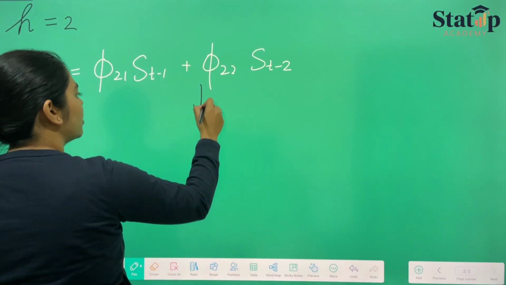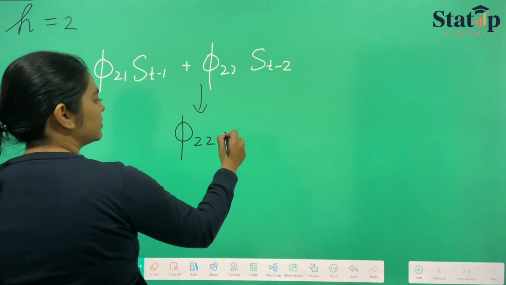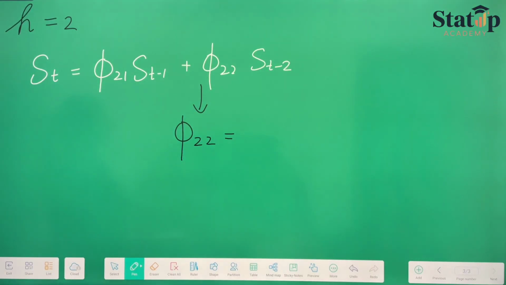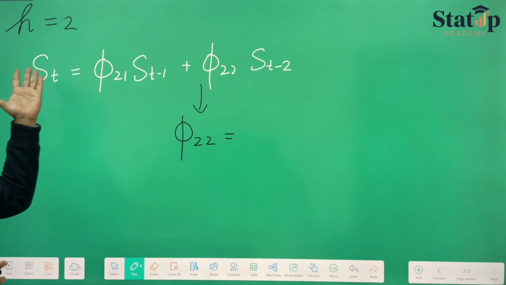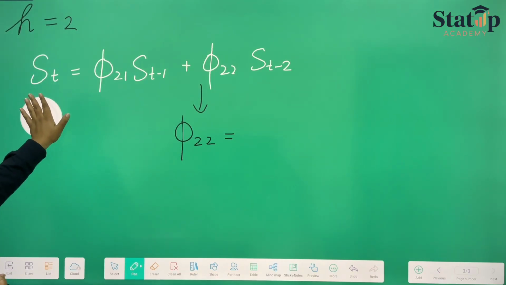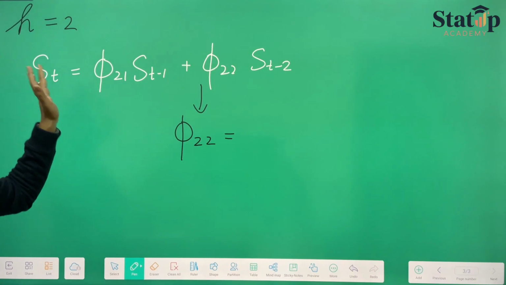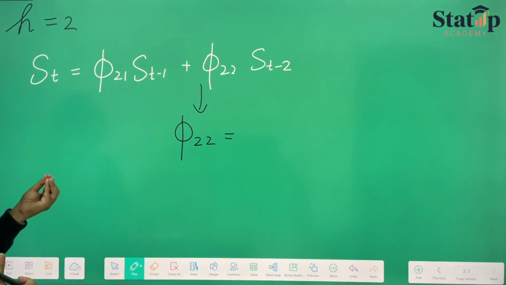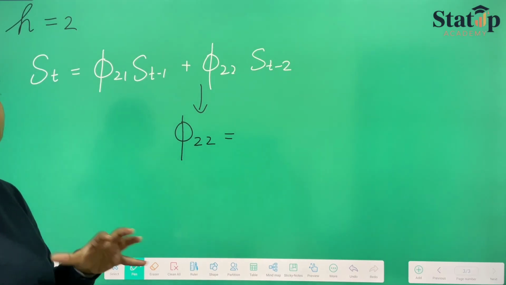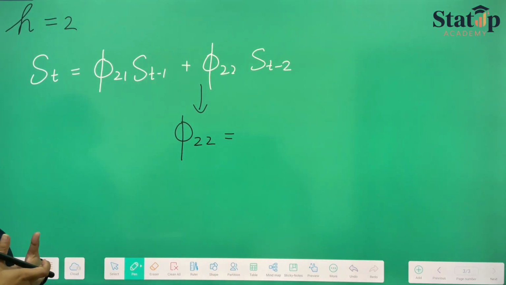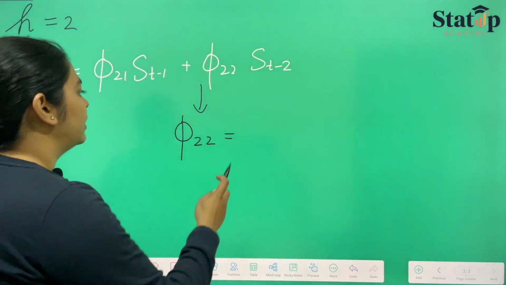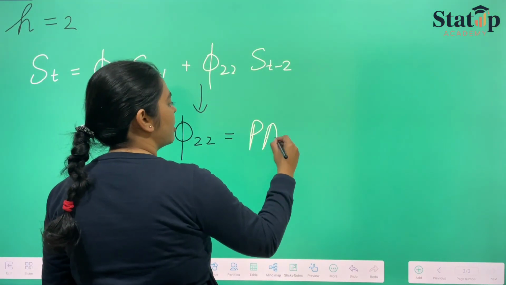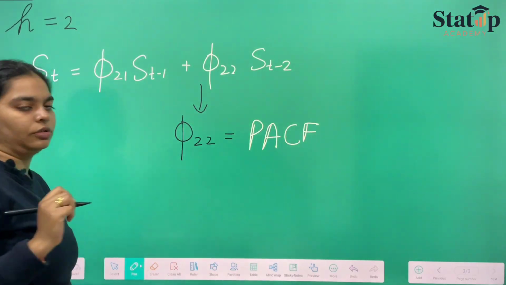This coefficient phi 22 gives the direct relation of st minus 2 with st, meaning how the price of the paper of this month is related to, or affected by, the price of the paper 2 months prior. So this coefficient will give us PACF, partial autocovariance function.